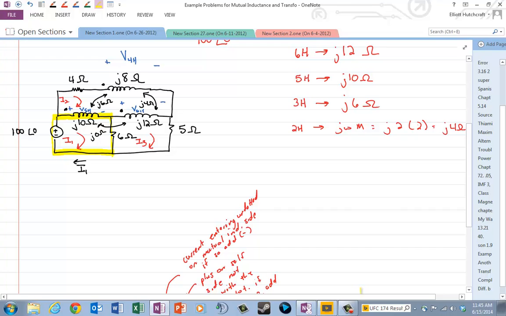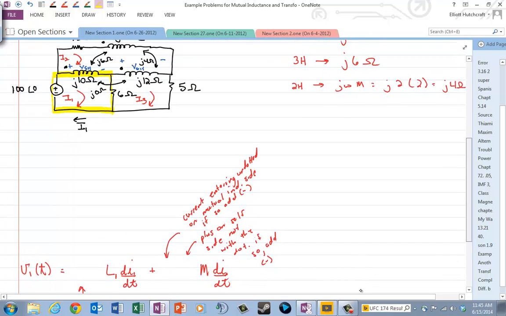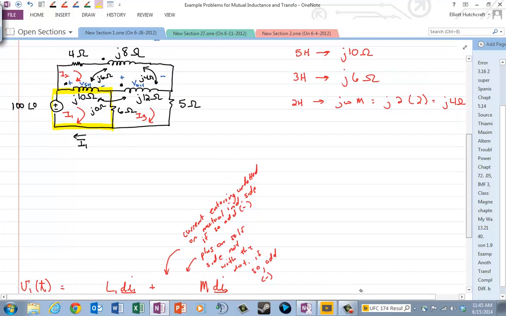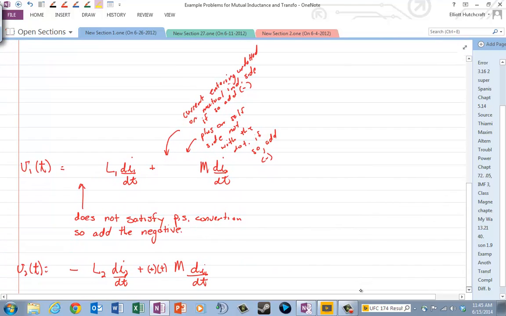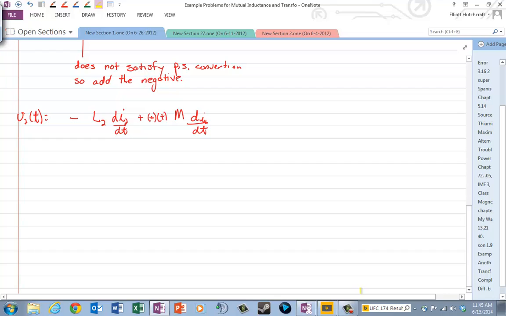There's no current sources, so no super meshes. So now let's just write our equation. If we write our equation, here's what we'll have. Going through the negative sign, we'll have minus 100 angle 0.